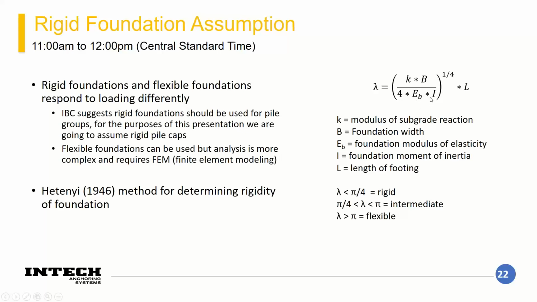So foundation size and the stiffness of your soil and how those interact together is going to paint the picture on whether this is going to act as a rigid cap or a flexible cap. And you can obviously tweak these if necessary for your specific project to ensure that you've got a rigid footing, but you really want to be at least in the intermediate range, if not preferably, all the way to the rigid condition.